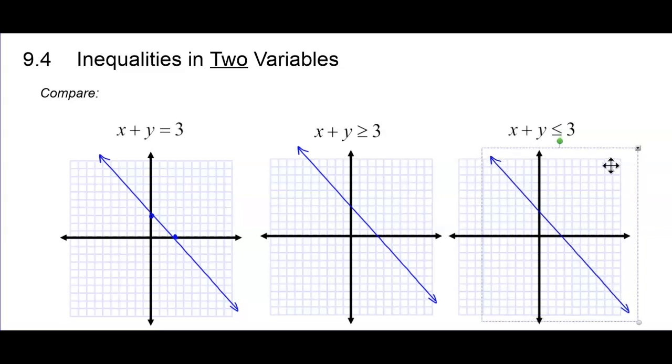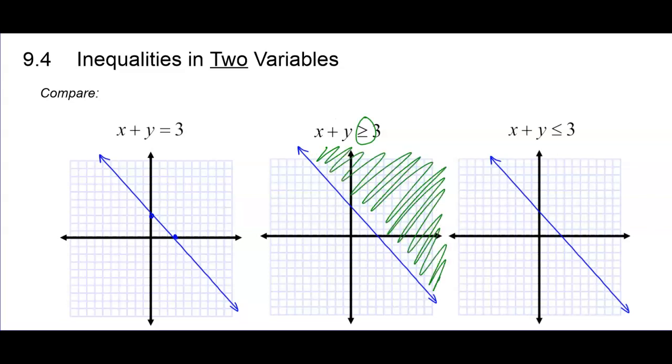So, for example, with this one here, x plus y greater than 3, what this means is we're going to have to shade in all the points where x plus y, when you add up the coordinates, you get a total bigger than 3. And that's all of this stuff over here. So the solution set here is the blue line and all of the green shading that we put in there as well.